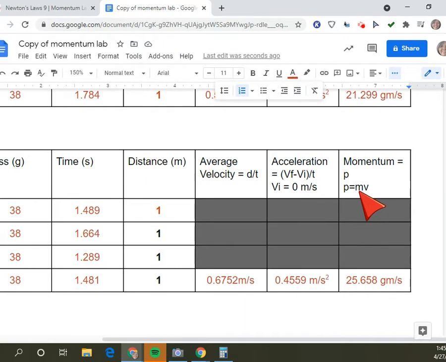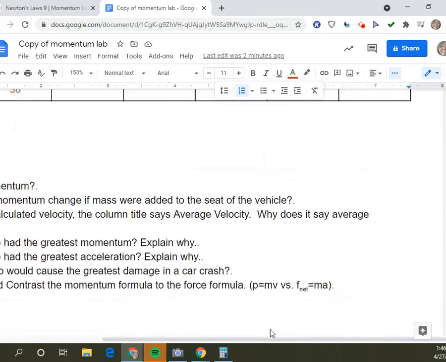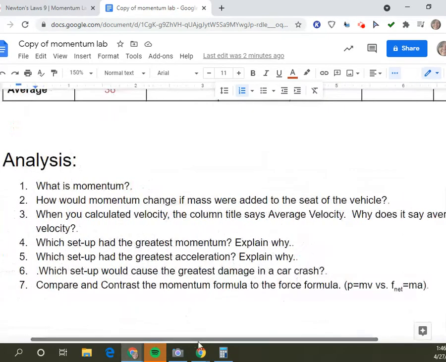Yes. Or a car. Is a semi truck that's going really fast going to hit harder than a semi truck that's going really slow? Yes. So let's put in momentum is mass times velocity.